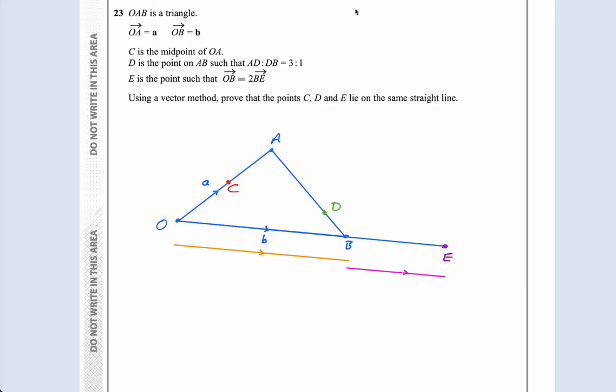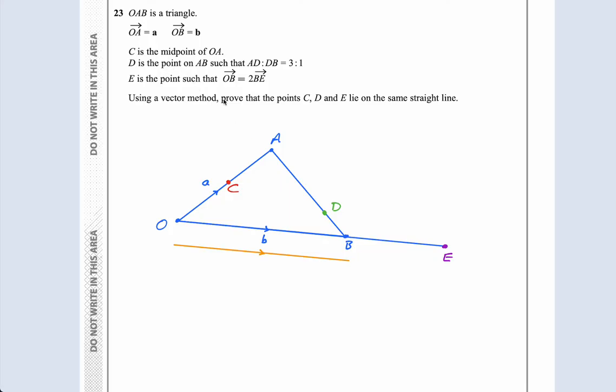So it has to be parallel. It has to be going in the same direction. I just guessed that's about half, whatever. But it's half because I need two BEs to equal one OB. Okay, so that's my diagram.